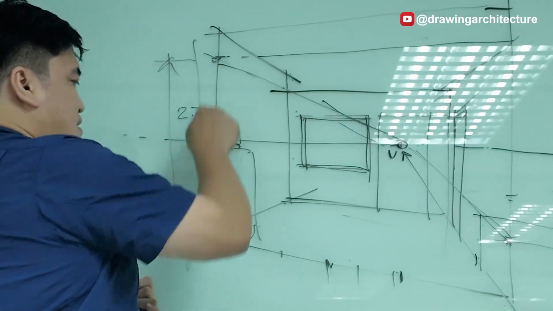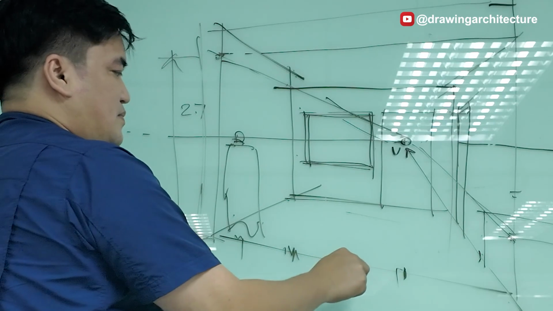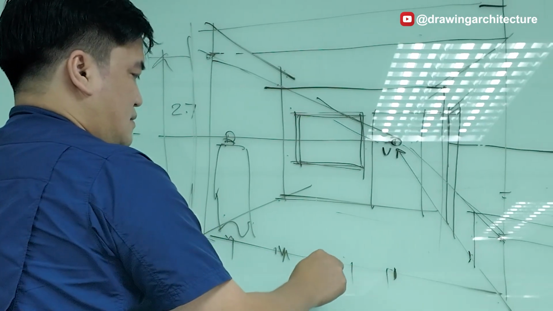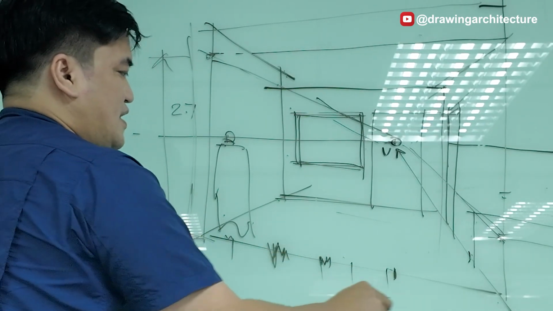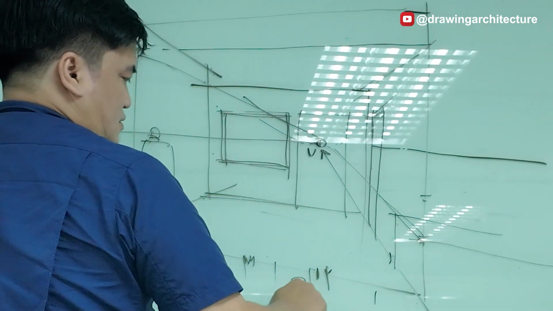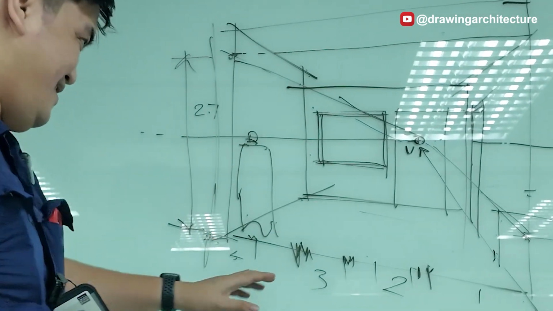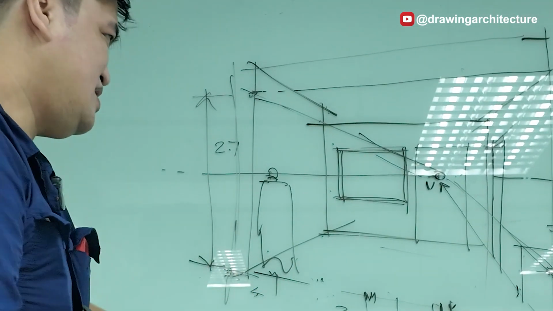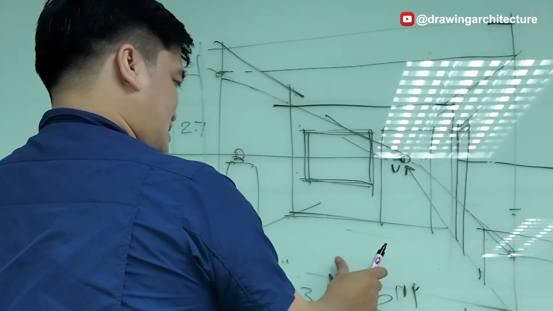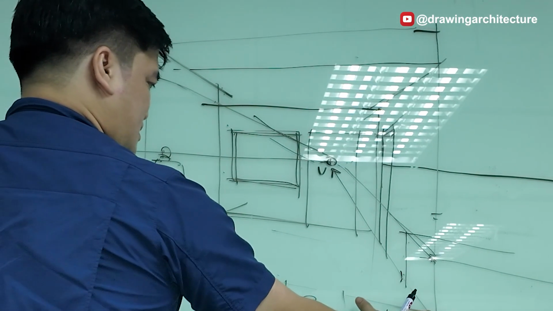Let me readjust this. So if we do something like this, the 1 meter, 1, 2, 3, 4, and 5 supposedly. Wait a moment, let me just correct this. Auto-correct this. First meter.